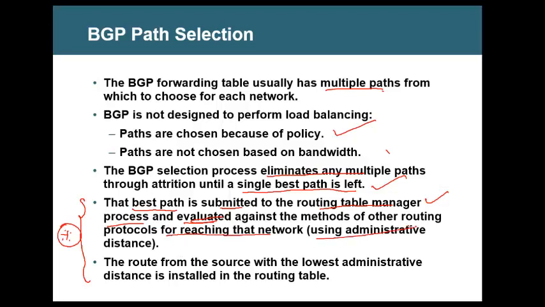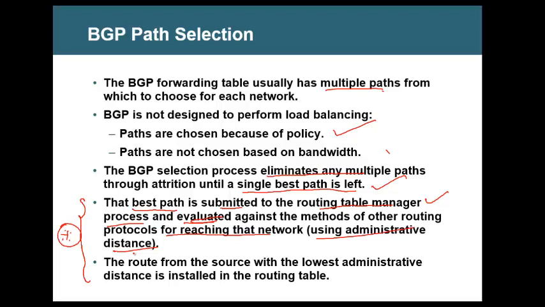What I mean is the administrative distance. So that's the role of the routing table manager. When a route is given to the routing table manager, it will not care whether it is a very important protocol or a less important protocol. It only looks into the administrative distance of that protocol which provides the best route.